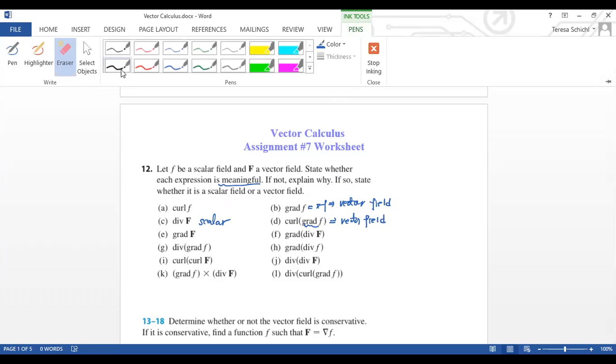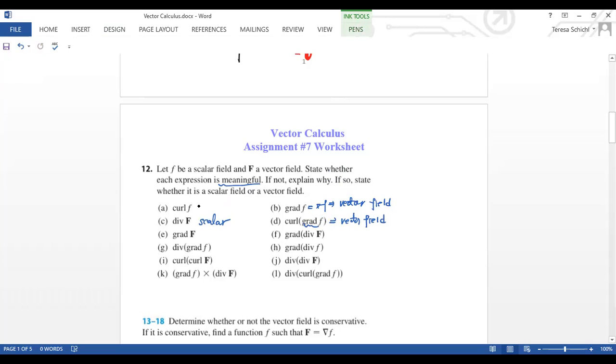The curl has to go with vector fields, so this one does not make sense. It's meaningless. The gradient needs to be taken of a scalar function, so this is meaningless.